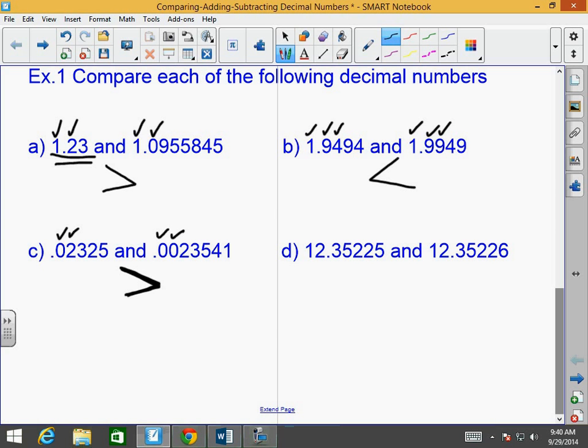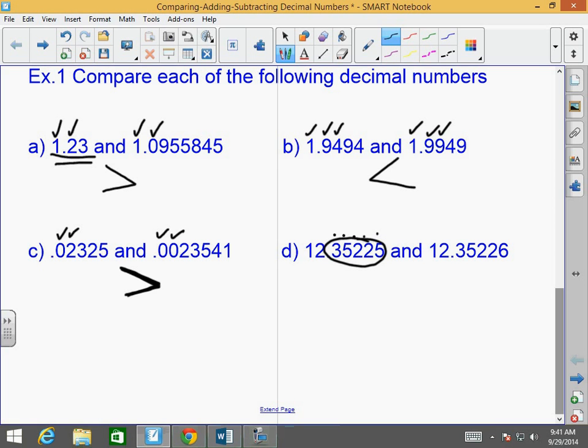How about letter D? Which would be greater here or less than here? Yes, sir. 12 and 300. No. Let's think about this. Tenths, hundreds, thousands, 10,000s, 100,000s. What is this number? Forget about the decimal. What is that number? 35,200. 35,225. 100,000ths.